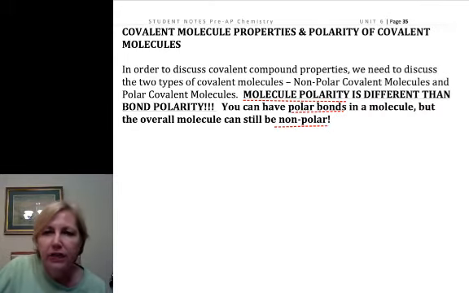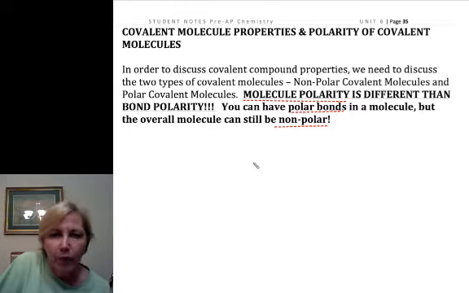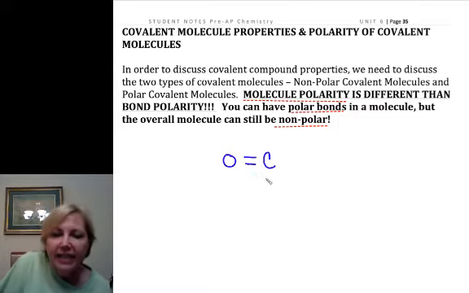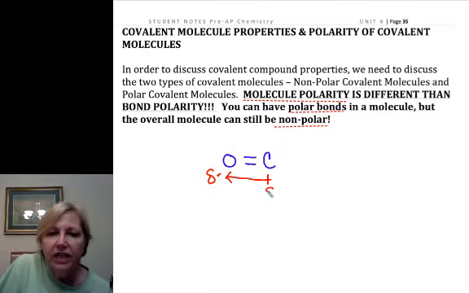All right, so there's a difference between bond polarity and molecule polarity. For example, if I have a bond between carbon and oxygen, that is a polar bond. Oxygen's more electronegative, so it will draw electrons towards it and be partially negative, leaving the carbon partially positive.